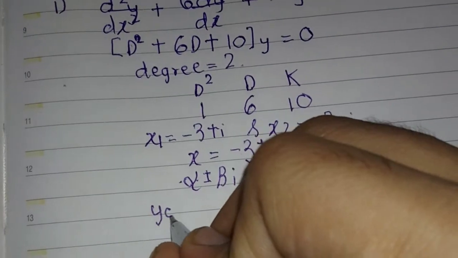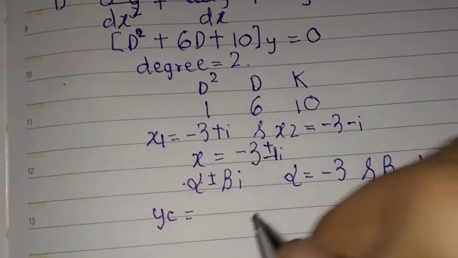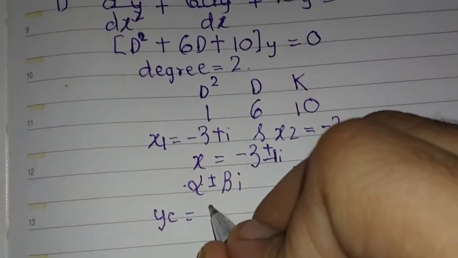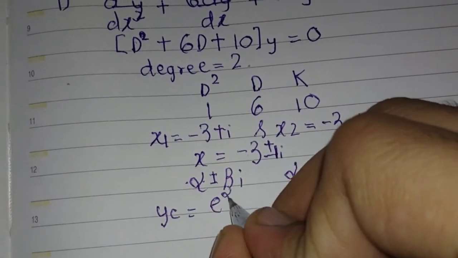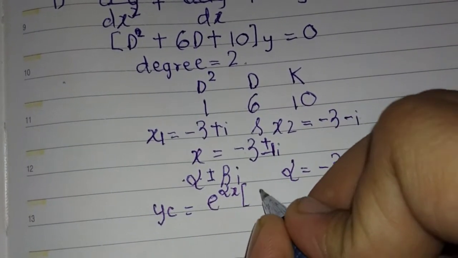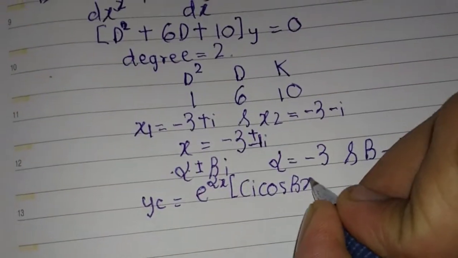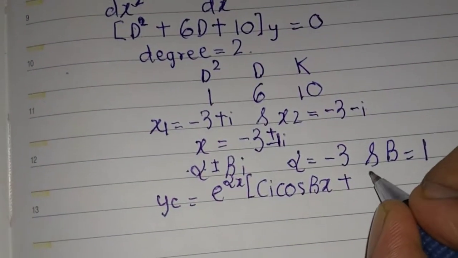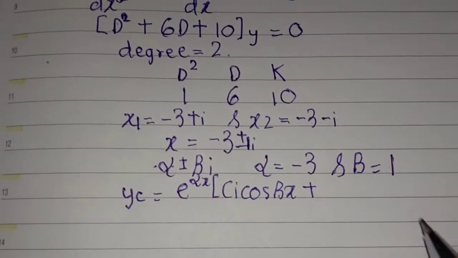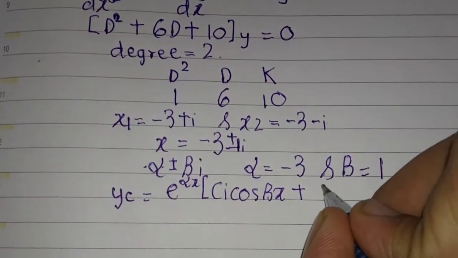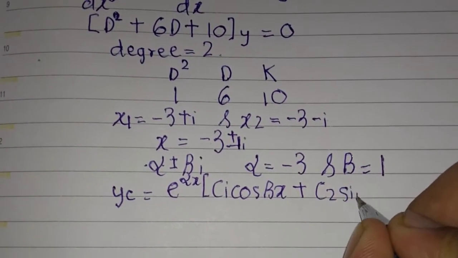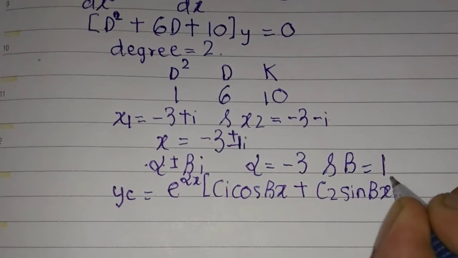Now complementary function for real and imaginary terms is e raised to alpha x, c1 cos beta x plus c2 sin beta x.